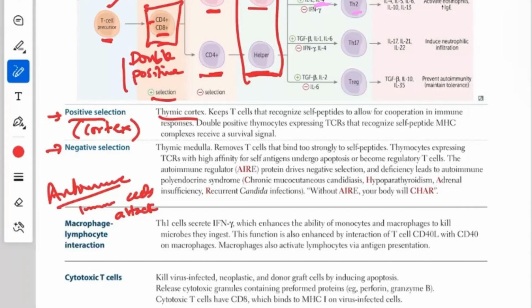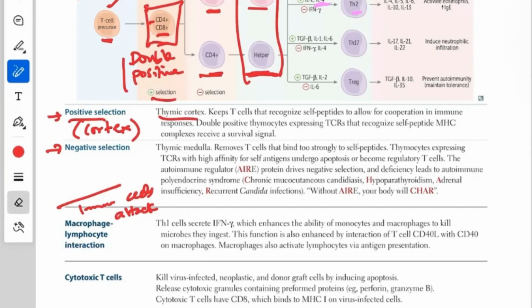So during T cell development, the thymus is trying to screen out and remove those potentially harmful T cells that, down the line, if they are not removed, can lead to autoimmune diseases. So that's the main thing that the thymus is doing.